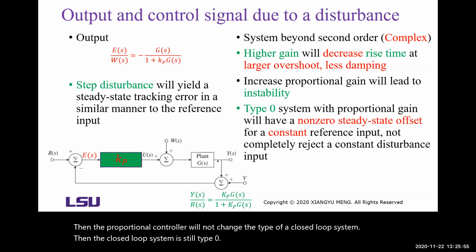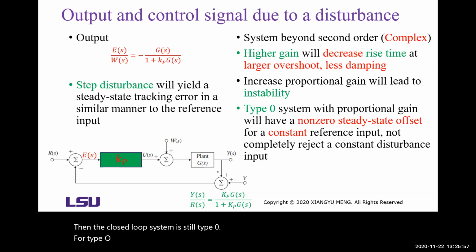A type 0 system has a non-zero steady state tracking error for constant reference input. It will also not completely reject the constant disturbance input.